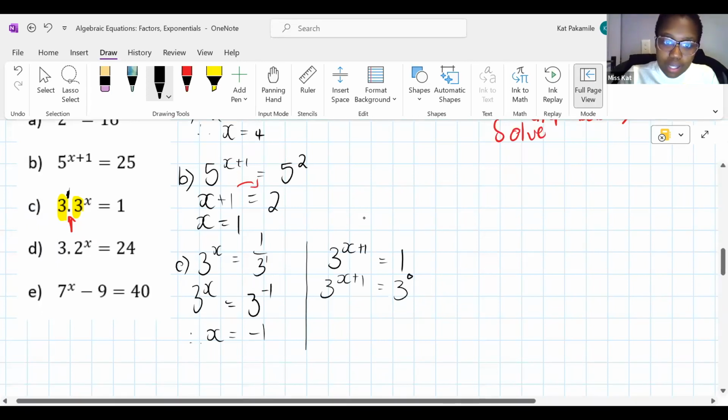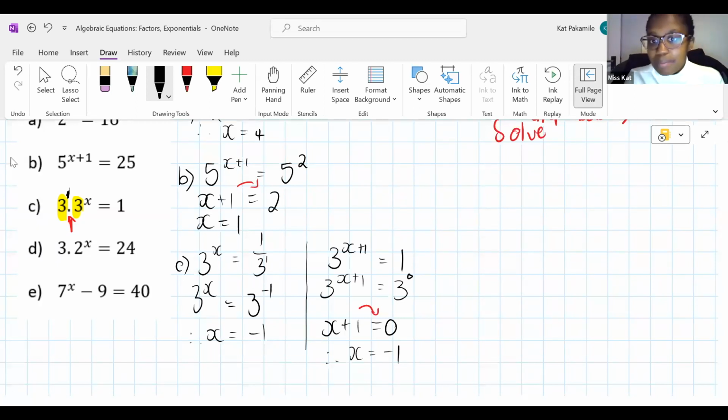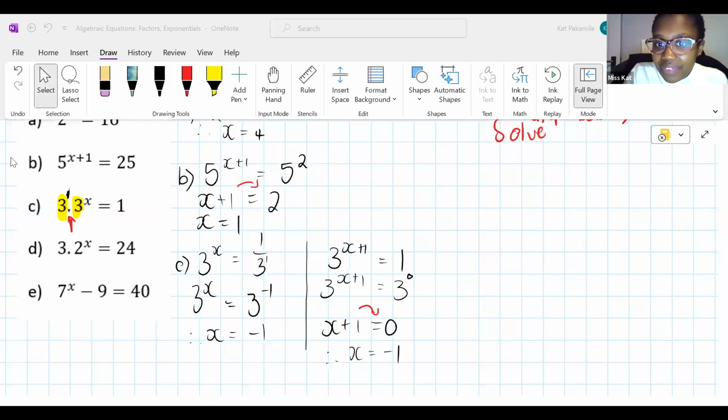You see? And now that we have the same bases, we can say x plus 1 is equal to the exponent on the right, which is 0. If you solve for x, you take the 1 over. Therefore, x is the same answer. So do you see there are a lot of ways to do this one? Yes, ma'am. Thank you for doing it with me, Tammy. Pleasure, ma'am.